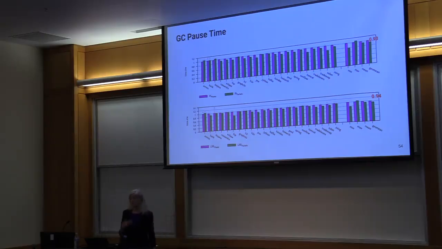We see GC time and stop-the-world time going down by 7 points for IMIX as the base system, and for LXR it's going down by 6%. That's a pretty astonishing performance improvement over the phase-based approach. We were surprised at that too.